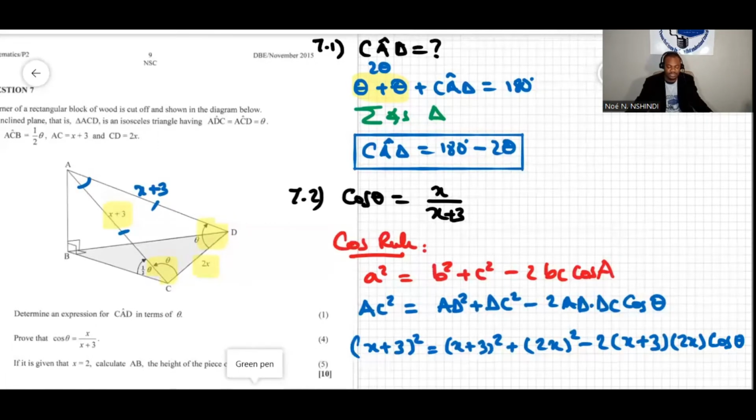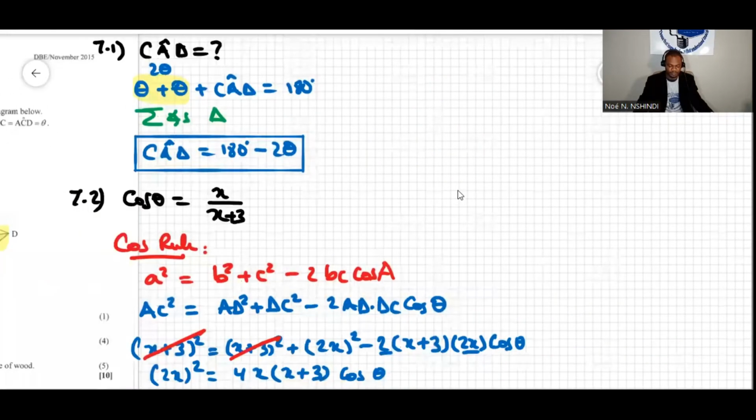We can now simplify. They are equal, so I can cross them out, because if I move it over, it is the same quantity on the other side, so they cancel out. If I move the 2x squared over, we have 2x to the power of 2 equal to 2 times 2x, which makes 4x, times x plus 3, cos of theta.